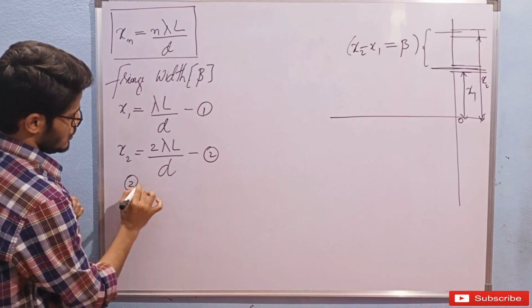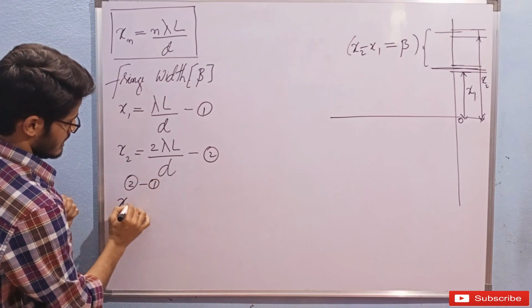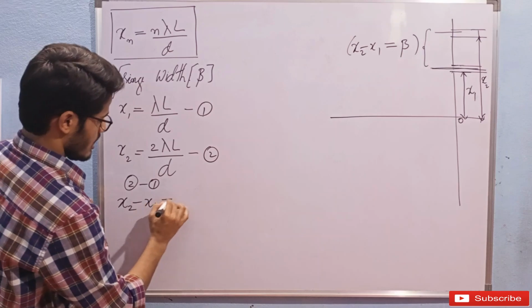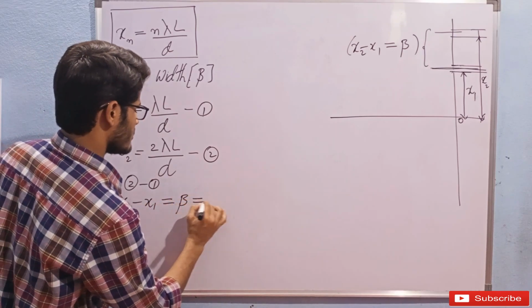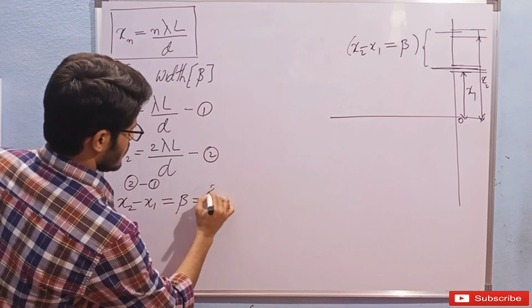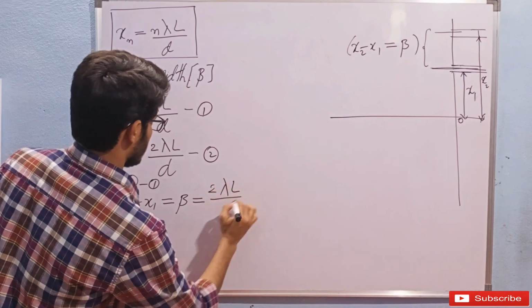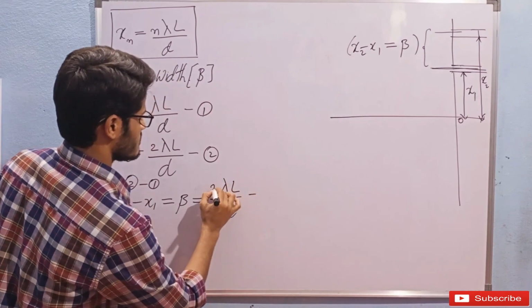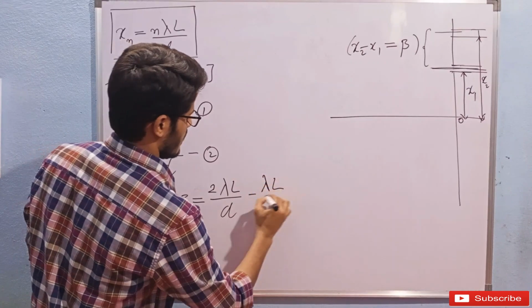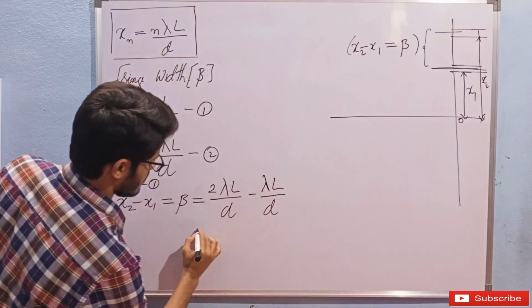If I do 2 minus 1, I'll be getting x2 minus x1, and that is my fringe width beta, and that is equal to 2 lambda L by d minus lambda L by d.